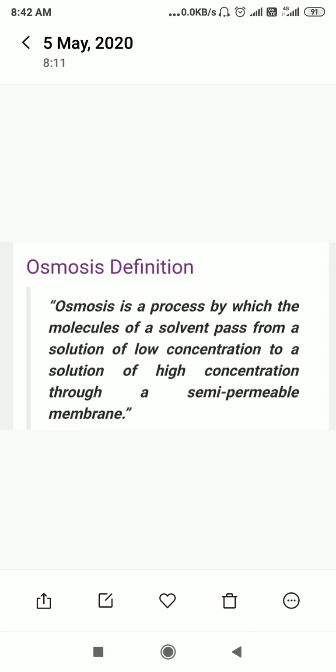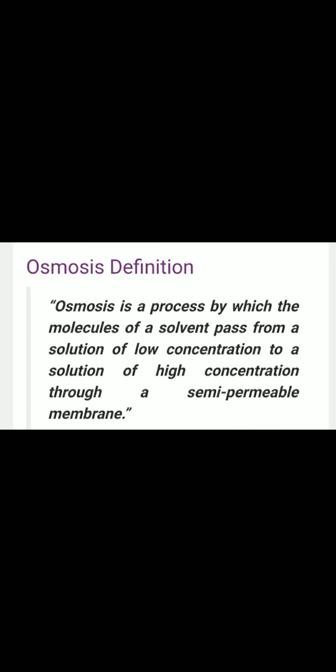So osmosis is the process by which water can enter through the cell membrane, as the cell membrane is a semi-permeable membrane and it allows the movement of water molecules by this process, which is known as osmosis.